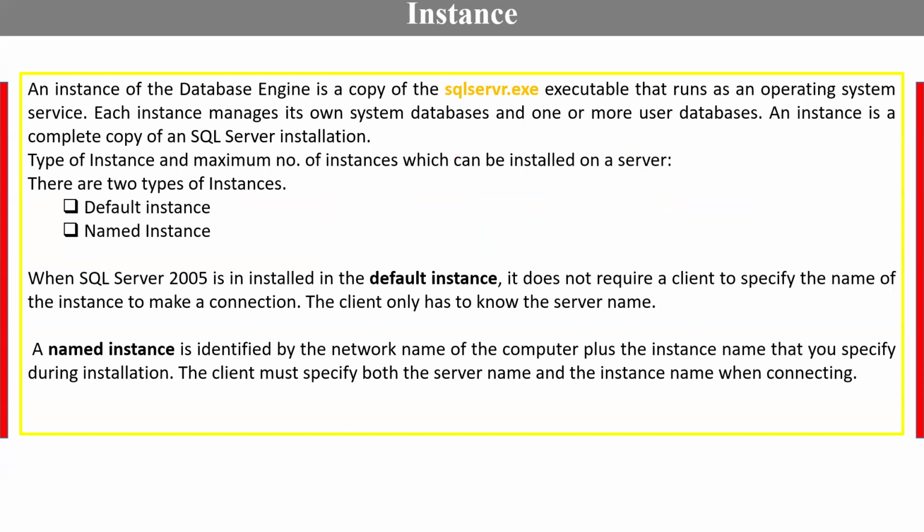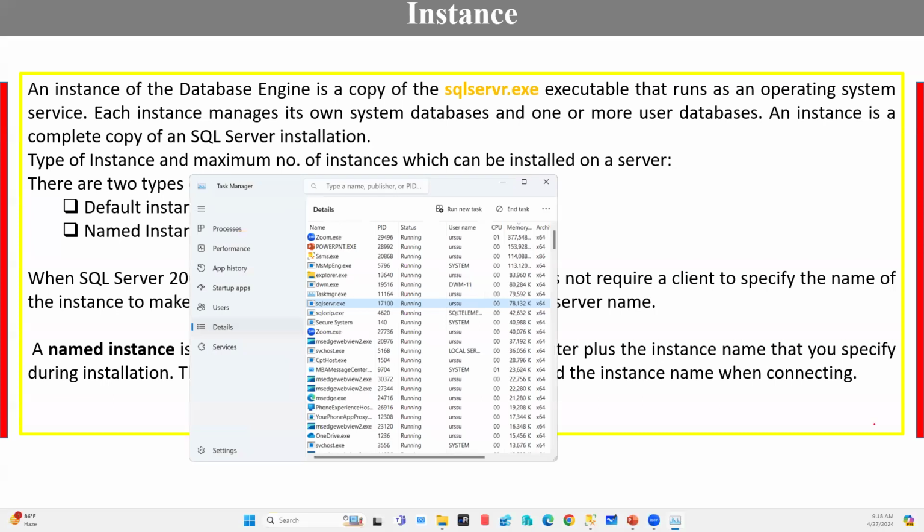So this is the first thing, sir. An instance is nothing but a collection of exes and DLLs, and it has its own memory management. It's a copy of your database engine, which we call sqlservr.exe. Currently, on my laptop, I have only one instance, sir. That's the reason you are able to see only one sqlservr.exe. Going forward, I will install a couple more instances.